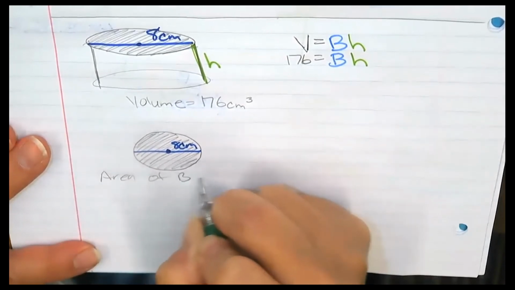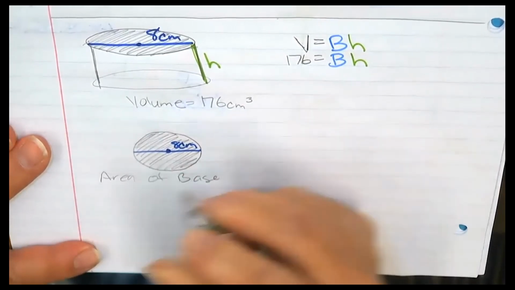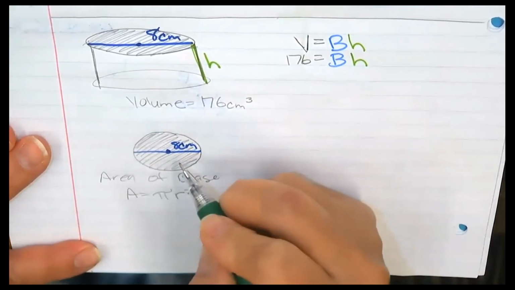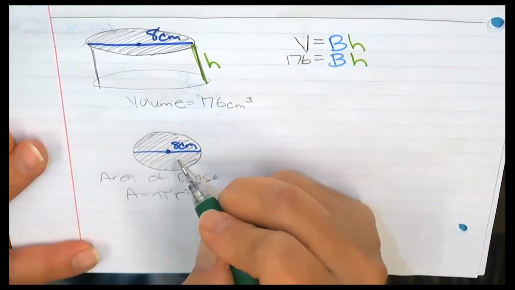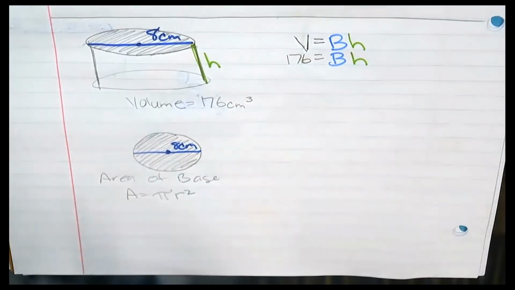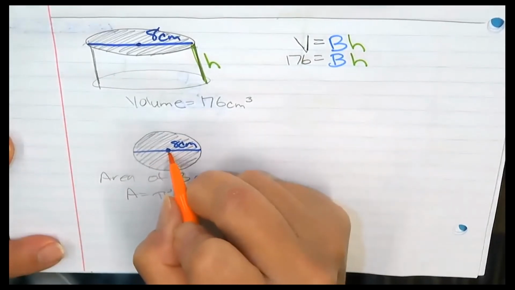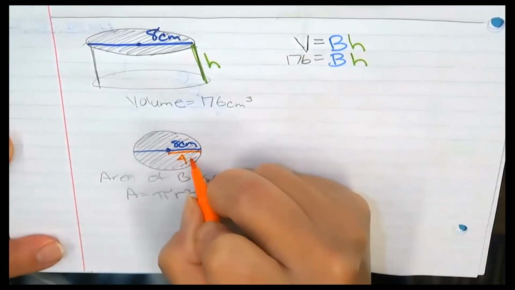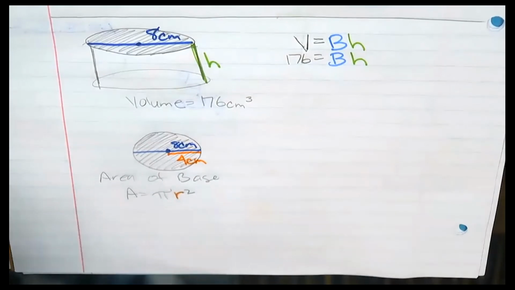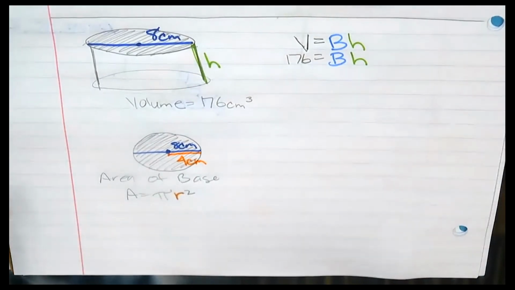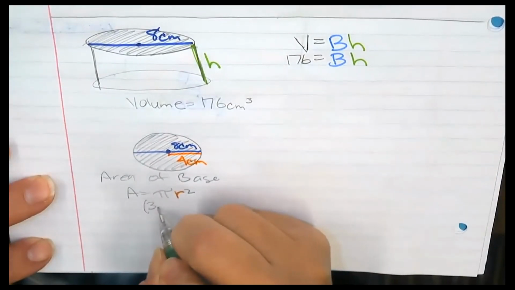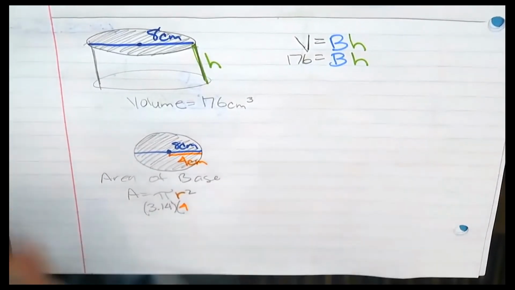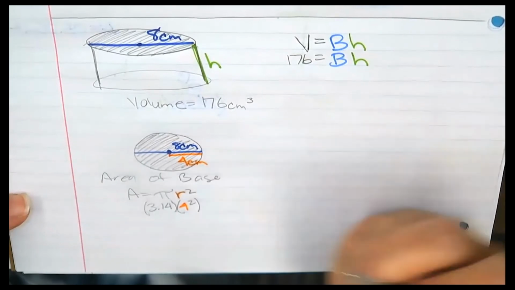The area of the base, it's a circle. So area is equal to pi r squared. Now they haven't given us the radius, but I know that the radius is half of the diameter. So my radius is 4 centimeters. So now it's substitution. Pi times the radius squared.